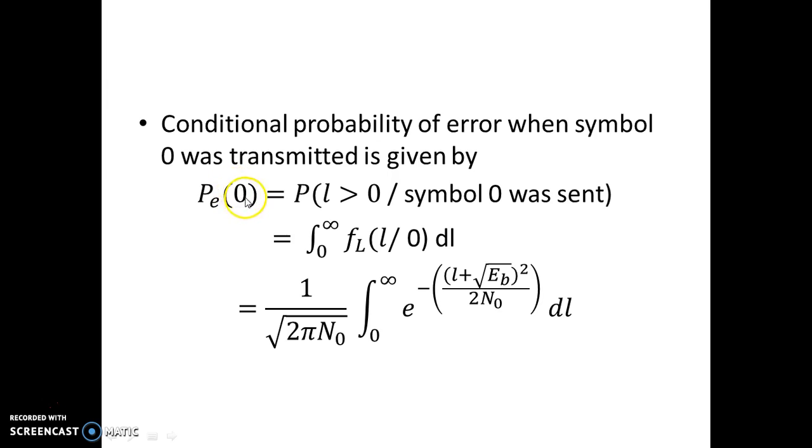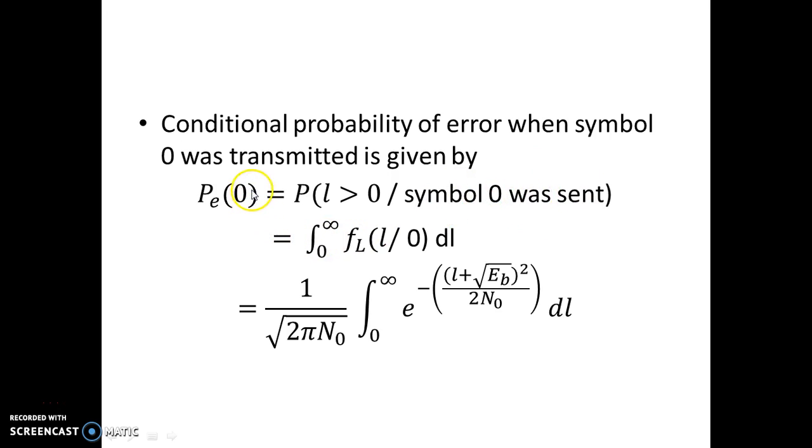That is, symbol 0 was transmitted and it was erroneously received at the receiver. That is equal to the probability that L is greater than 0. So when symbol 0 is transmitted, L should be less than 0, but an error happens when L is greater than 0.